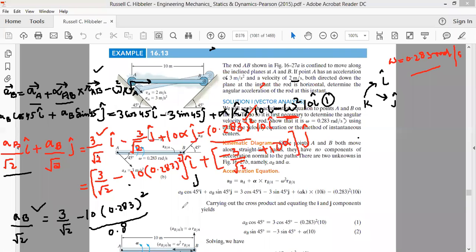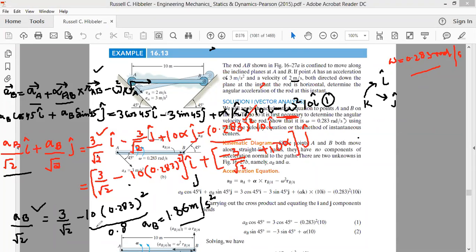That comes out equal to 1.86. So as far as the acceleration of B is concerned, from this equation the value of acceleration of B comes out equal to 1.86 meter per second square. This is the value of acceleration of B from this formula.